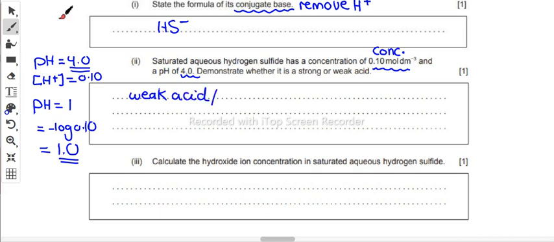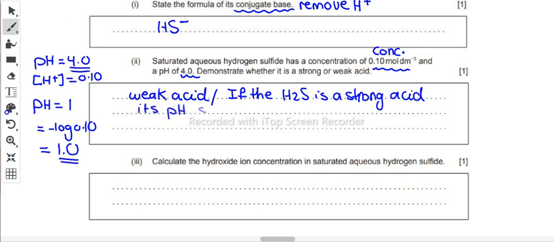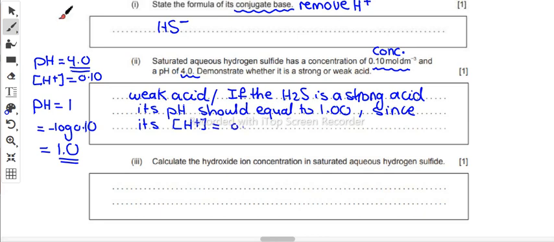And in order to explain, we're going to say if H2S is a strong acid, its pH should equal 1, since its H positive ion concentration equals 0.1 mole per decimeter cube. So this is the answer.